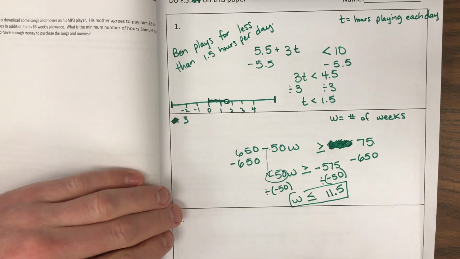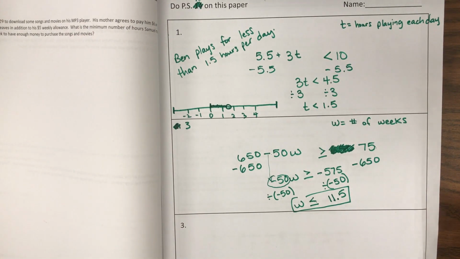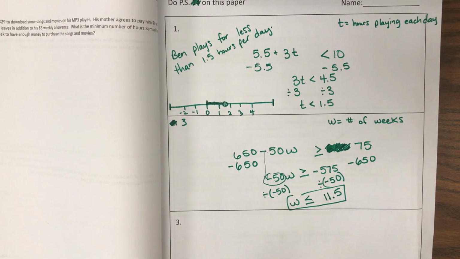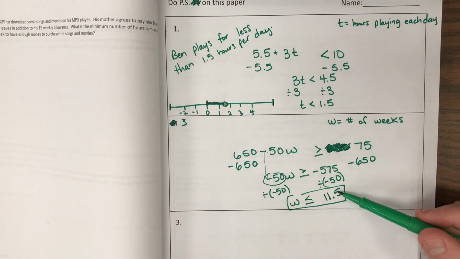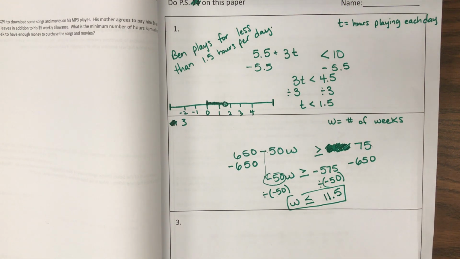W is less than or equal to 11.5, but if she's taking out $50 every week to pay the dog sitter, I'm going to assume that she's paying that dog sitter like once per week, like maybe Friday afternoons or something. And so if she was going to take out that money, I guess halfway through the 11th week, that means that she still has the money that she needs.